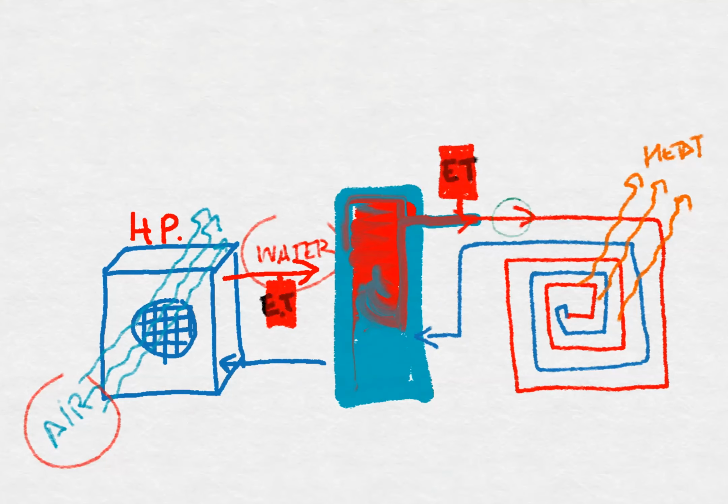So a circulating water pump is like a rectangle, no, sorry, a circle with a triangle, and this is the sense of the flow. So if we are moving the water in this direction, then this triangle has to go in that direction. Okay.